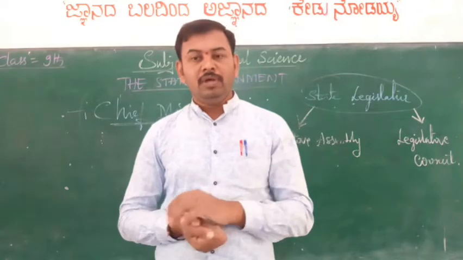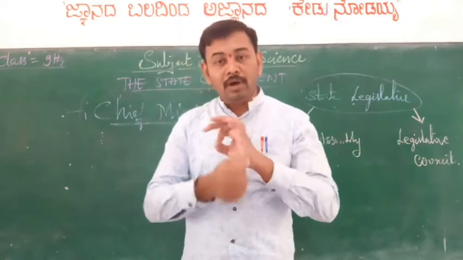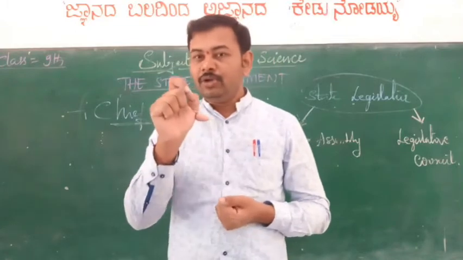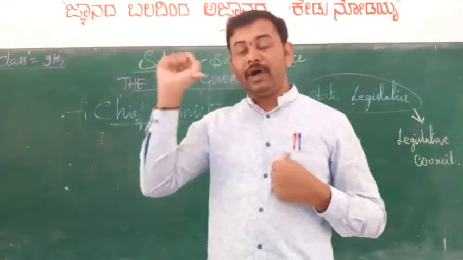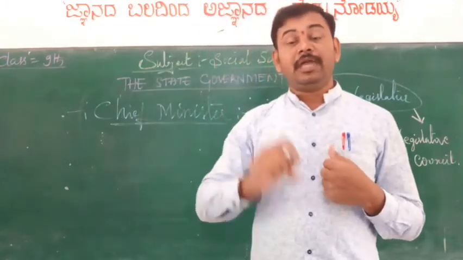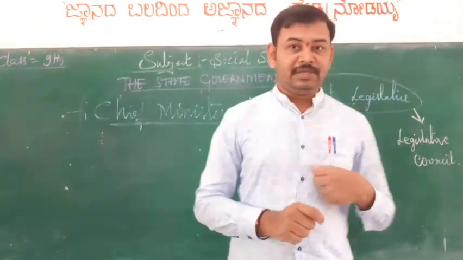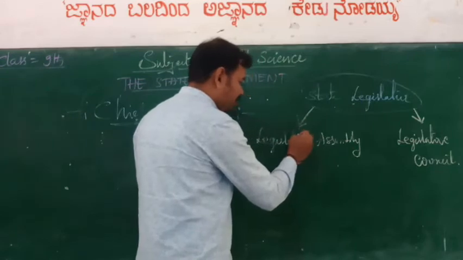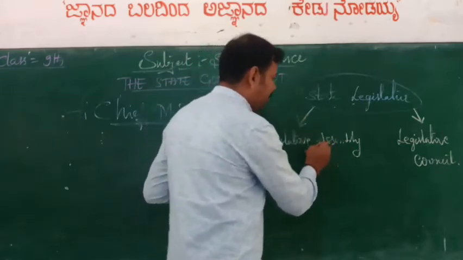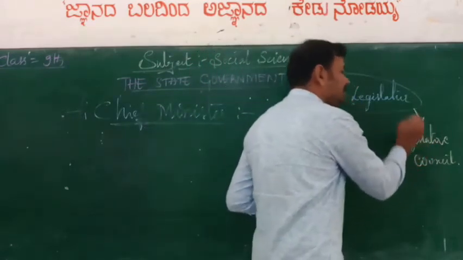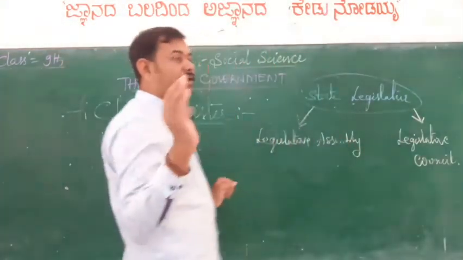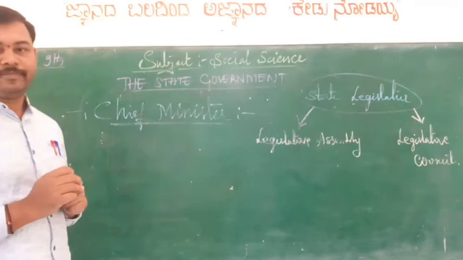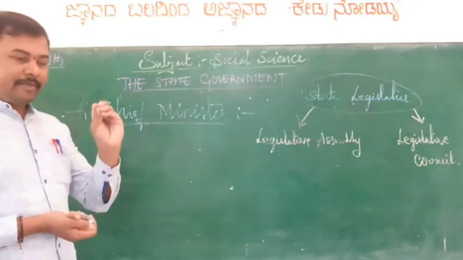Then, this is a very important point: even those who are not members of either house can become the Chief Minister. Dear students, a person who is not a member of the Legislative Assembly or the Legislative Council can be the Chief Minister of the state.